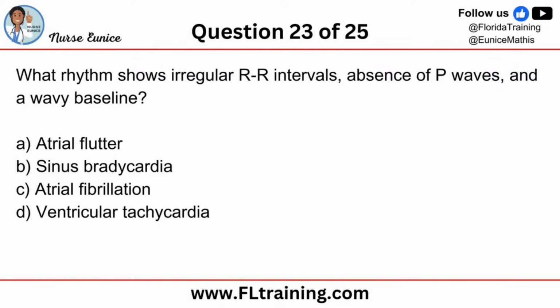Question 23. What rhythm shows irregular R to R intervals, the absence of P waves, and a wavy baseline? All of you are going to get this right. I know it. Is it A, atrial flutter, B, sinus bradycardia, C, atrial fibrillation, or D, ventricular tachycardia? They said a wavy baseline, and they said irregular R to Rs.